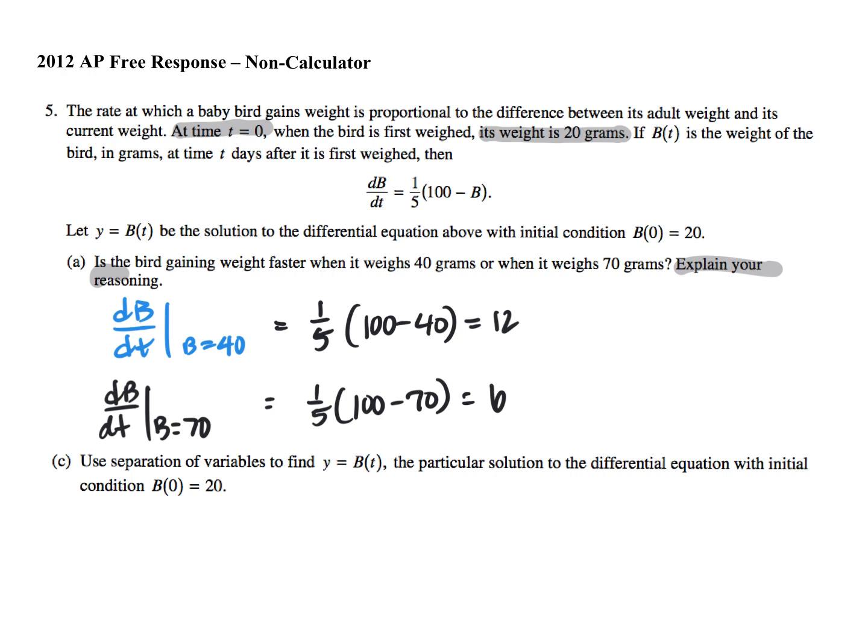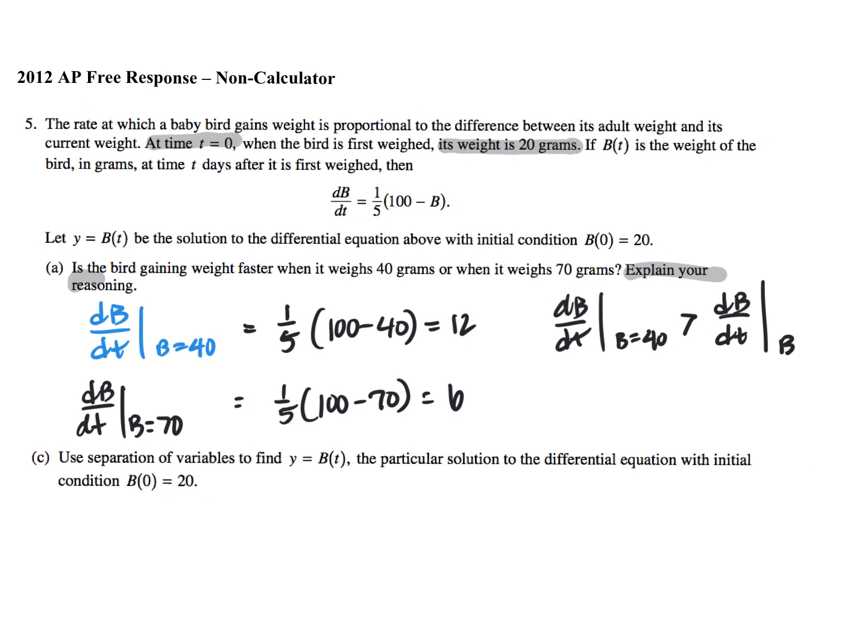Now, when you say the rate that it's gaining weight when it is 40 grams, you could always just say that as dB/dt when B was 40. The rate that it was gaining weight when it was 40 grams is greater than the rate that it was gaining weight when it weighed 70 grams. That could just be a shorthand if you don't want to write all those words.